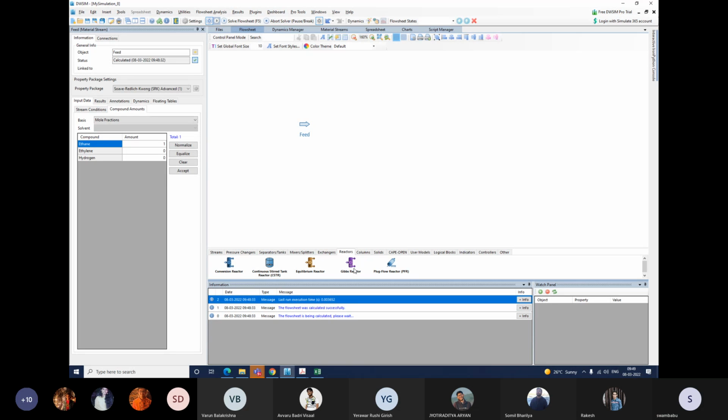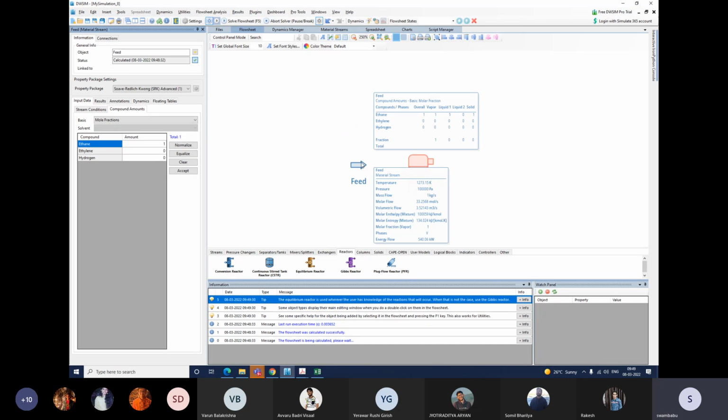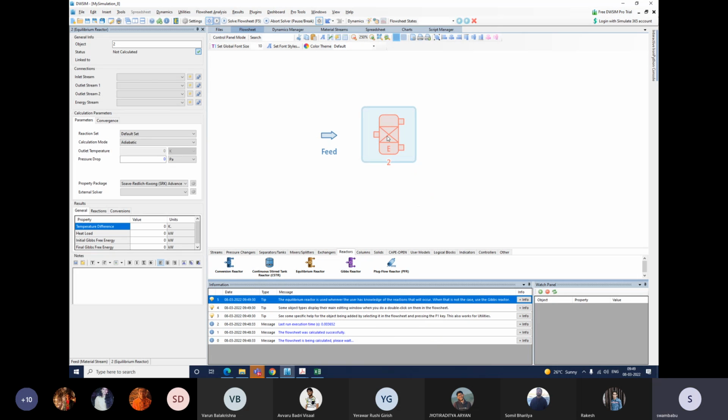Equilibrium reactor and Gibbs reactor are both the same, so you can use either one for the equilibrium calculation. I will use the equilibrium reactor.